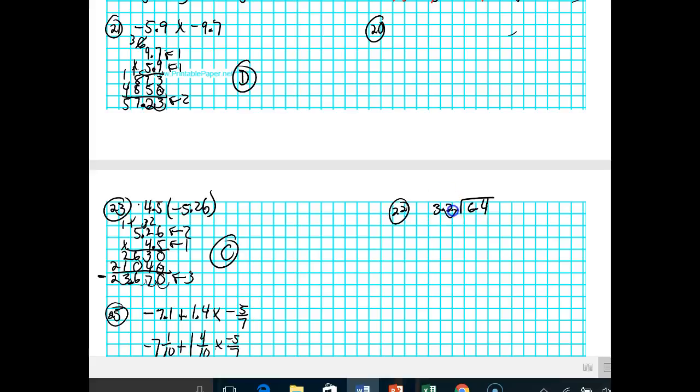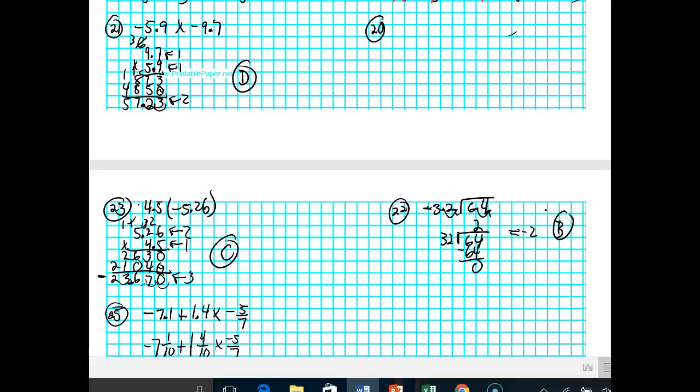How do you do this? You swoop the decimal once. 32 into 64. How many times does 32 go into 64? 2 times. 64 is 0. And notice that only one of these numbers was negative, that one. So your answer should be B, negative 2. So equals negative 2, and then put a B there. All right, so that's a tricky one.